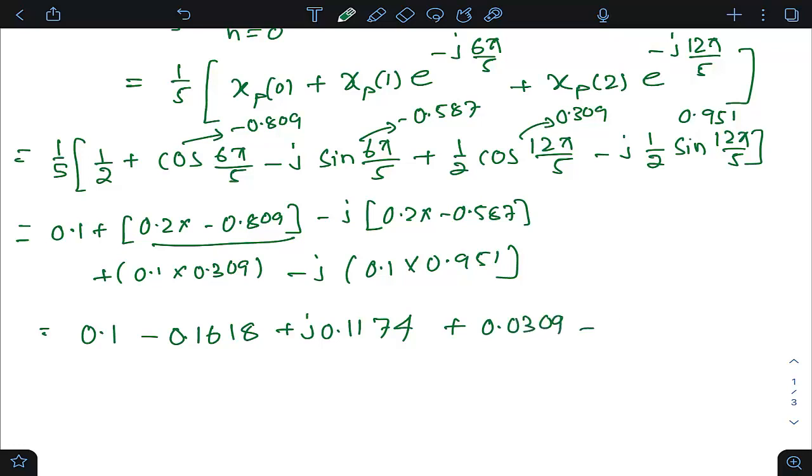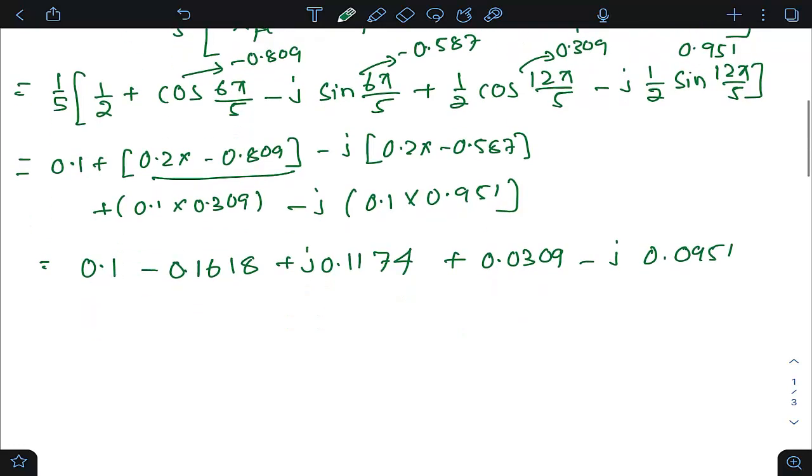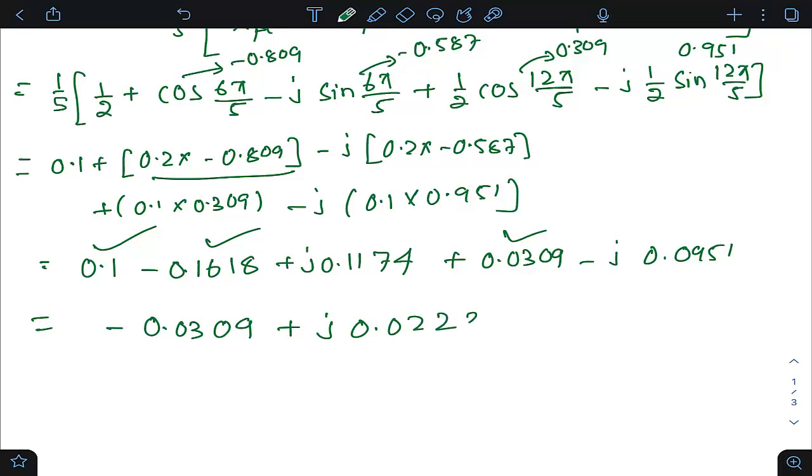Finally, it is minus j 0.0951. If you separate the real part, the summation is coming as minus 0.0309. And if you find the imaginary part, plus j 0.0223. So this is what your A3 is coming.